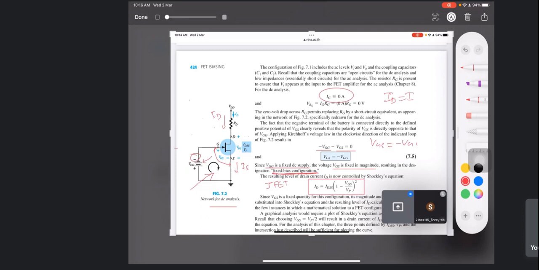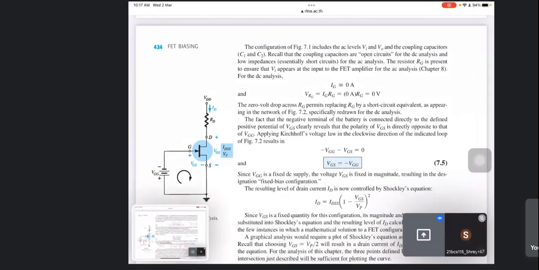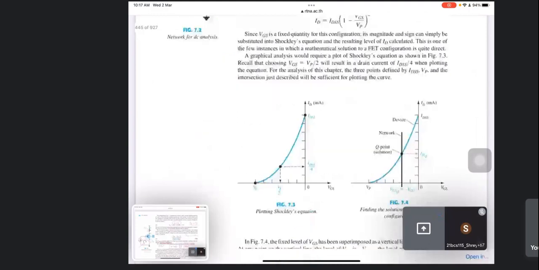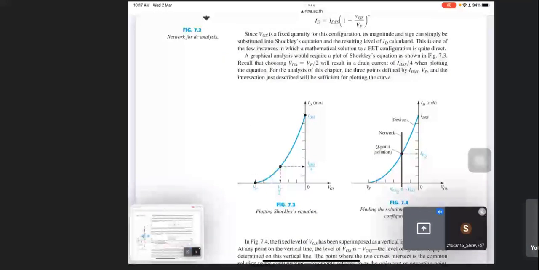ID is equal to IS. So this is Shockley's equation, we know, and if VGS is equal to VP by 2, then the drain current is IDSS by 4.